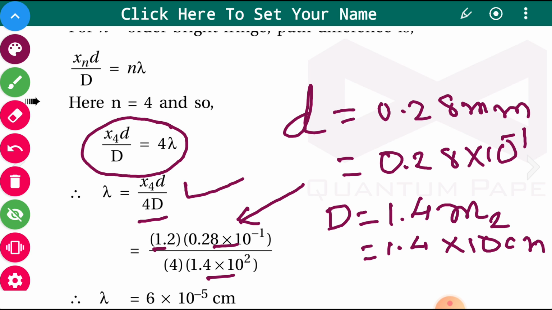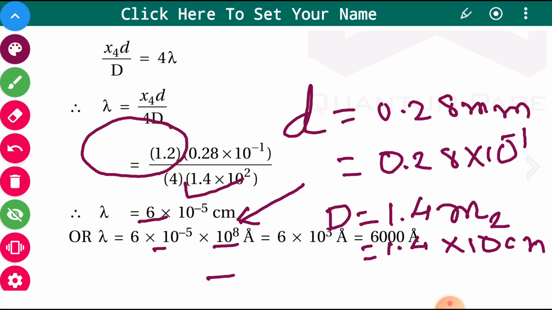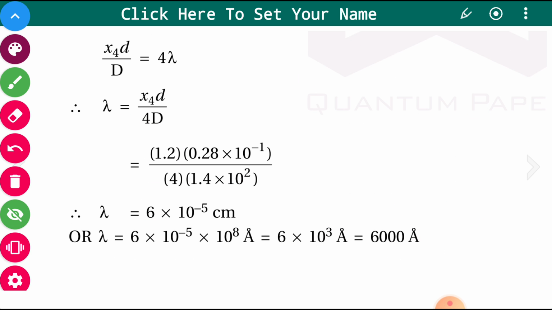So everything is converted into centimeter, and just simplify and you will get the value of lambda, which will be 6 into 10 raised to minus 5 centimeter. You can convert it into angstrom, so it becomes 6 into 10 raised to 3, that is 6000 angstrom.